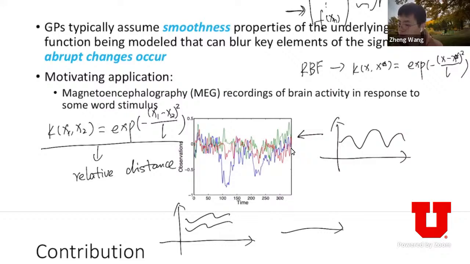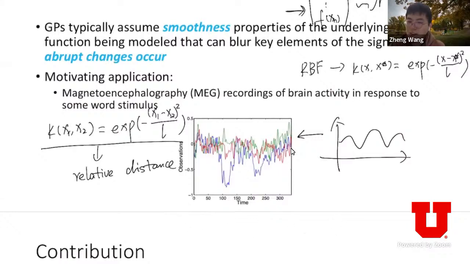Even in the same person, you can have really complicated reactions in your brain. So we can get multiple different trials, that's reasonable.